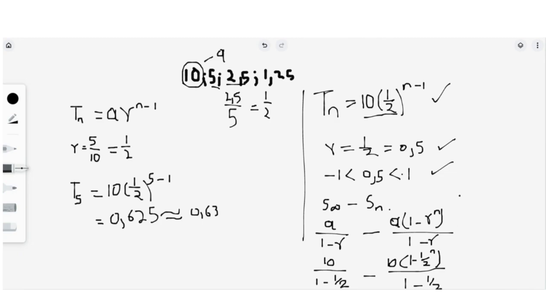Okay, let's try to simplify this further. We are going to have 1 minus a half is a half. 10 divided by half is 20. Minus, we have 1 minus a half again, which is a half. 10 divided by that half is going to be 20, into 1 minus half to the power of n.